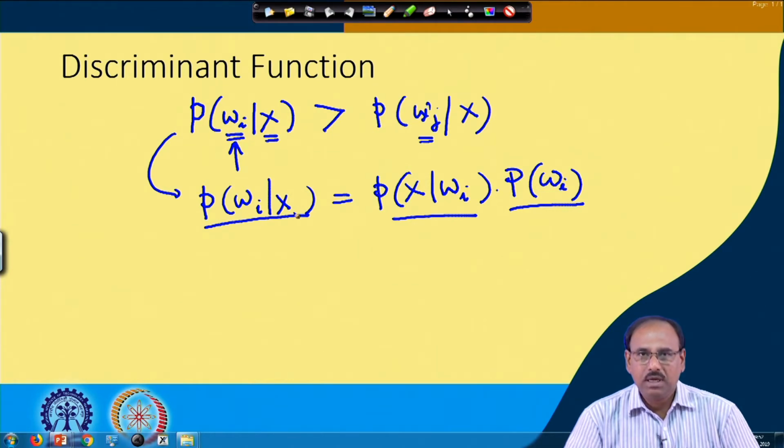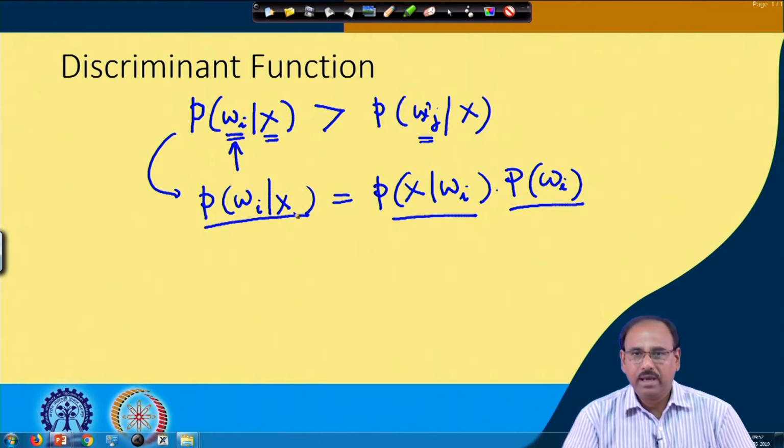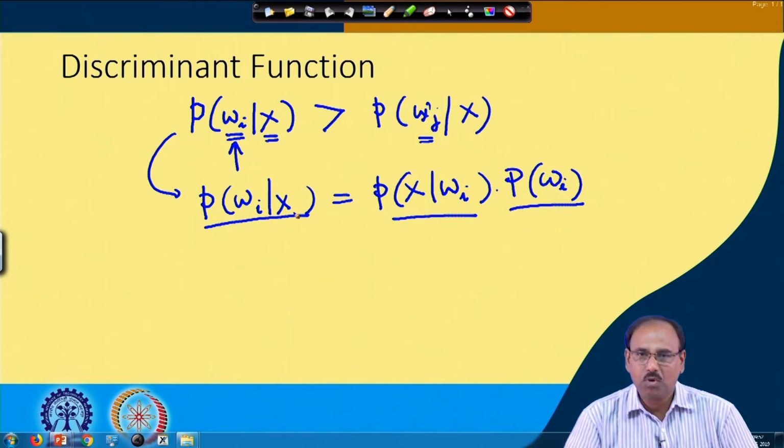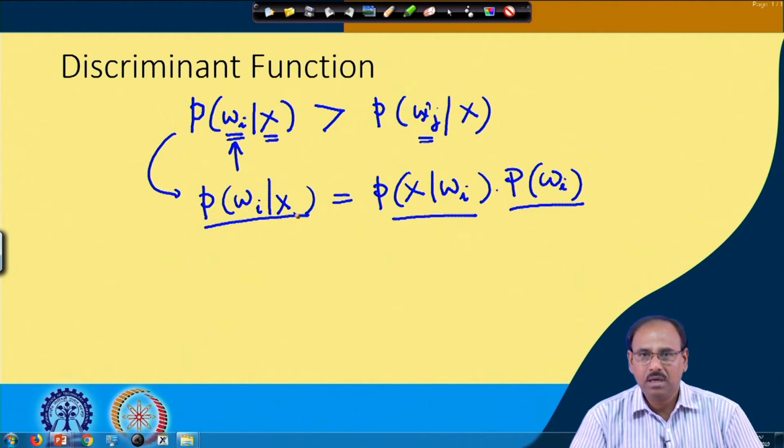Obviously, if P of omega i given x is greater than P of omega j given x, then it is more probable that your unknown feature vector belongs to class omega i. This is what we derived in our previous lectures using the Bayes minimum error classification rule.